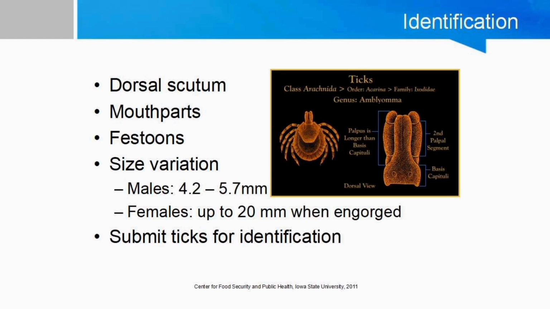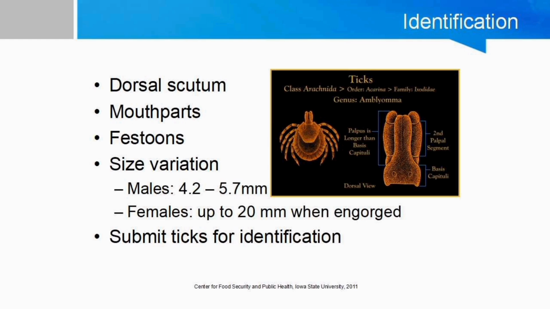Amblyomma hebraeum males are 4.2 to 5.7 millimeter long oval ticks. The scutum is smooth and convex, with fine black or brown spots and stripes on a pale greenish white background. The legs are dark brown, moderately stout, and have apical yellow banding at the distal end of each segment.